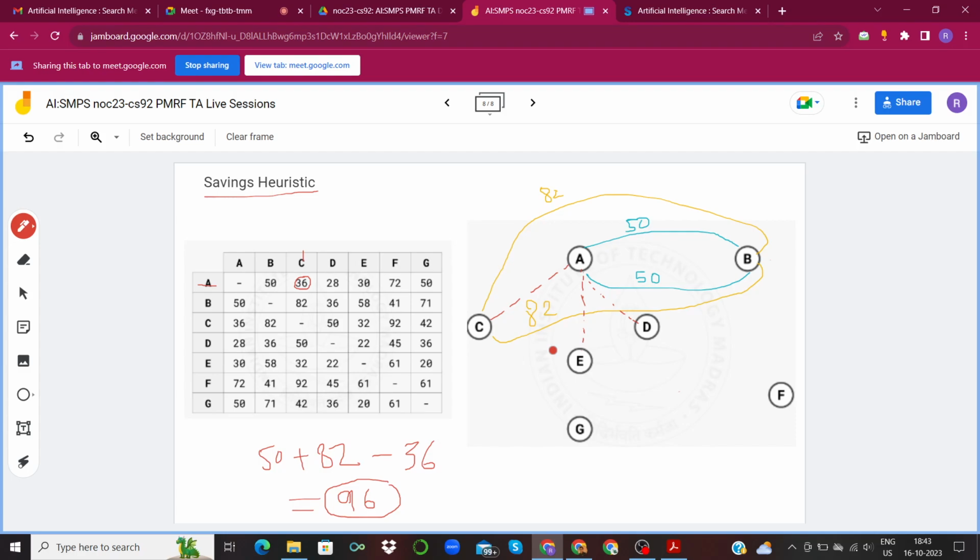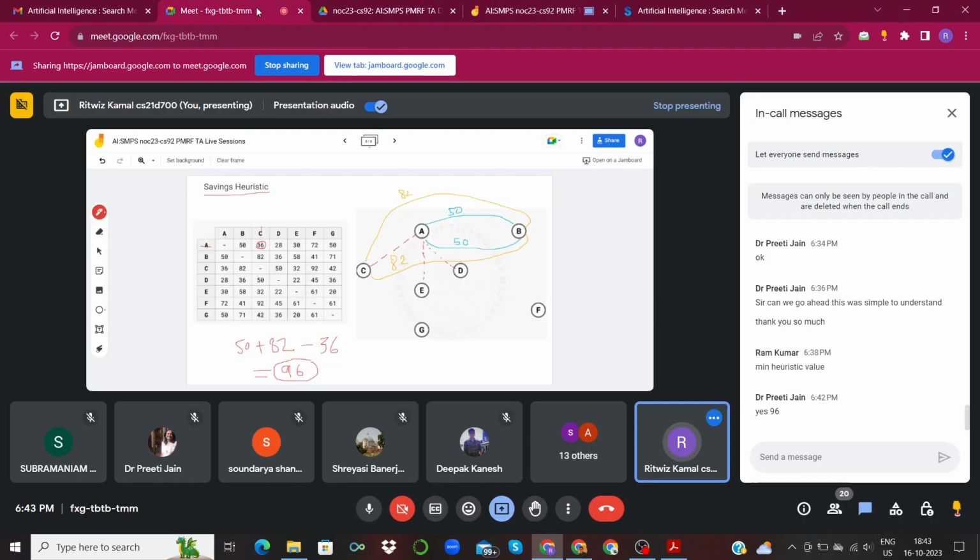Okay, that is essentially what you have to do in the savings heuristic. I think I've taken this example directly from the practice assignment for this particular week, which is week 3, I suppose. There are some questions based on this. You can try to solve them, and that will help you understand the concept much better. So I hope that was clear.